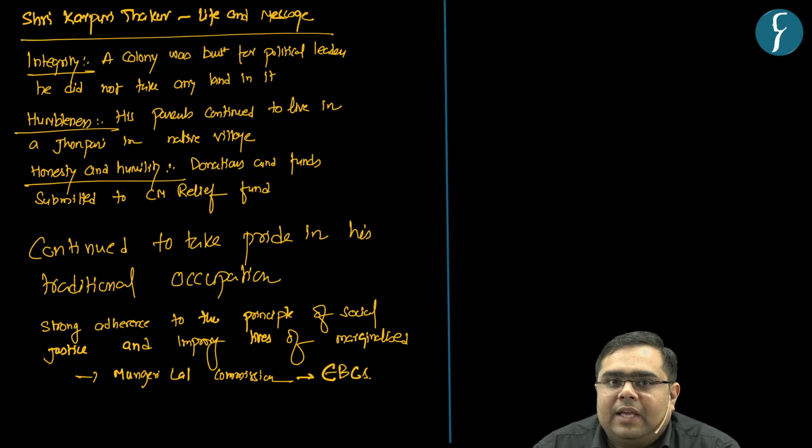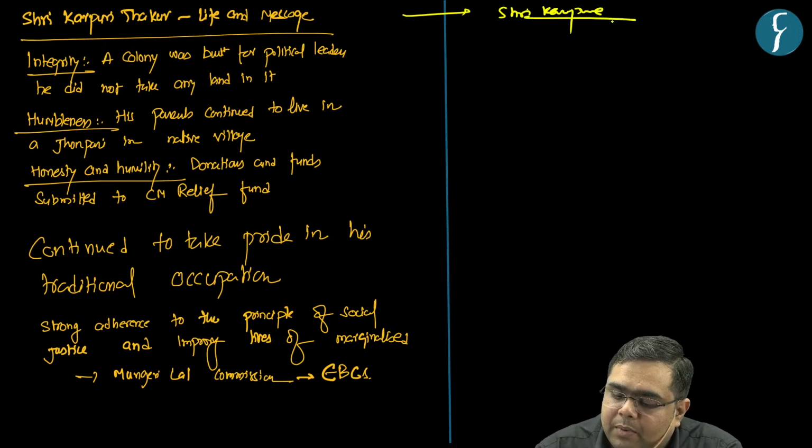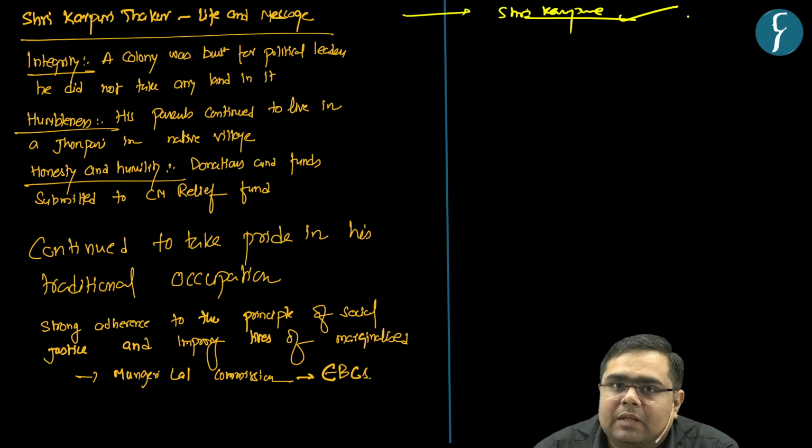Now, why have we taken the life sketch of Shri Karpuri Thakur? Take up your pen and paper and note down these examples. What is the syllabus mapping for this?